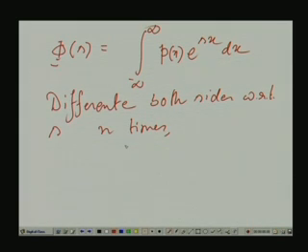If you differentiate once, x will come here. If you differentiate again, another x will come, and likewise. E to the power s x, if differentiated with respect to s, you get back x into e to the power s x, then x square e to the power s x, x cube e to the power s x, and likewise.